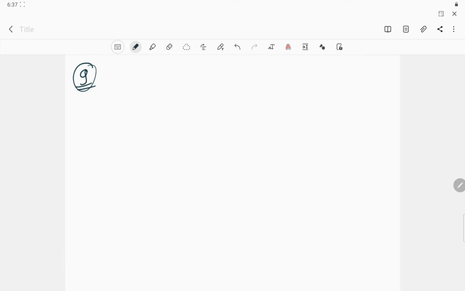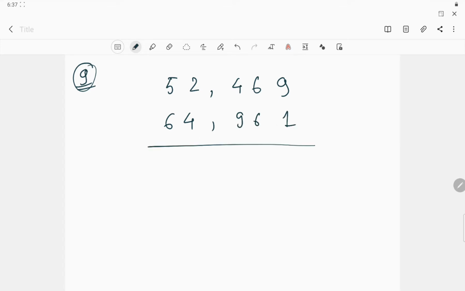Question number 9 says, from the sum of 52,469 and 64,961, right? Because it is given from the sum of these two numbers, so now I'm doing addition.